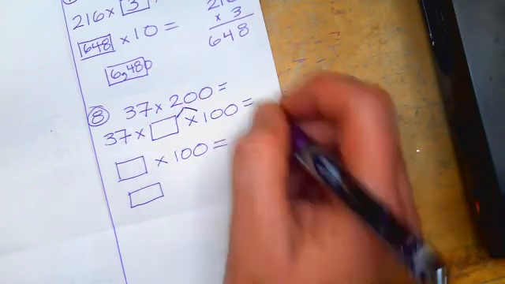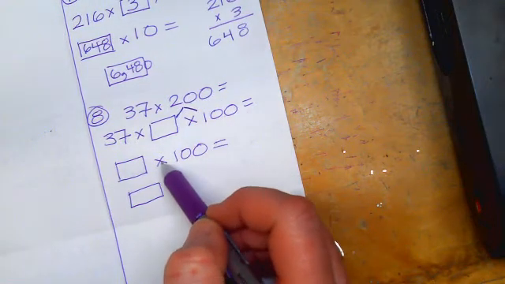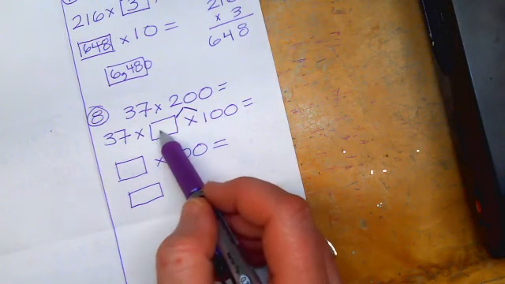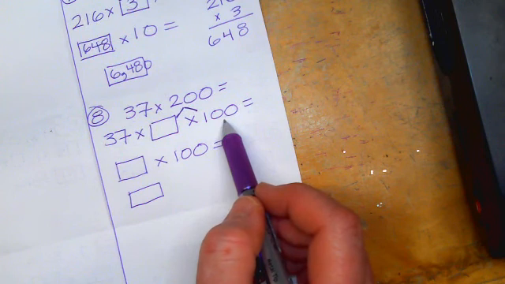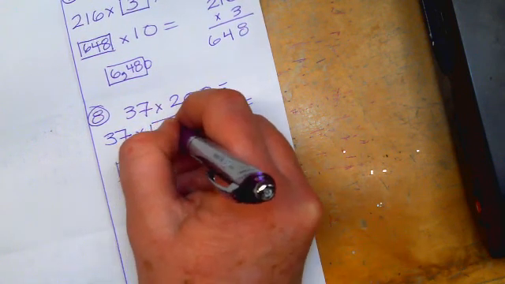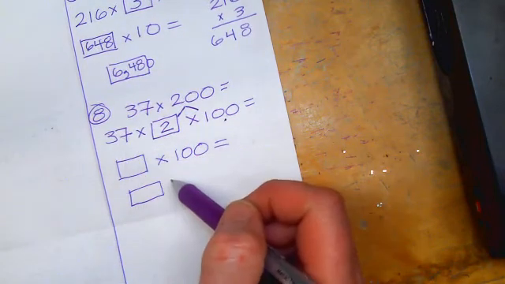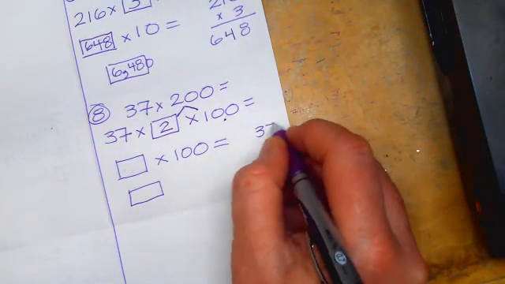So now if we have 37 right here, we're breaking this 200. We're going to say 200 is the same thing as what times 100? 2, right?